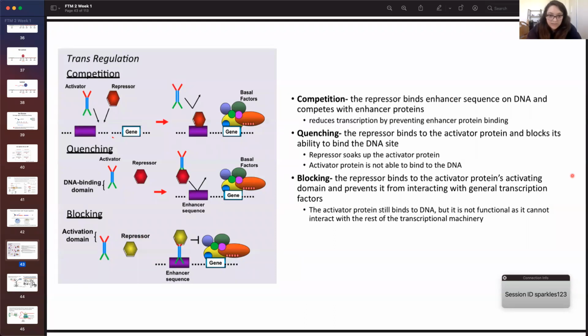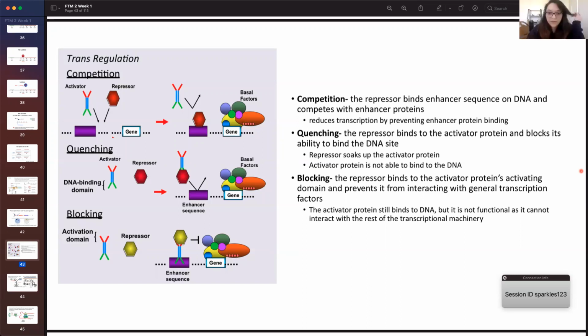Yes, it's going to prevent it from even interacting with the transcription factors and transcription machinery. So you're not going to be able to initiate any transcription. Exactly. Even if the binding happened, transcription would not take place because it's completely blocked, so they cannot interact with each other anyway. But there will always be some basal level transcription going on because the basal factors are still attached. The enhancers just make it more.